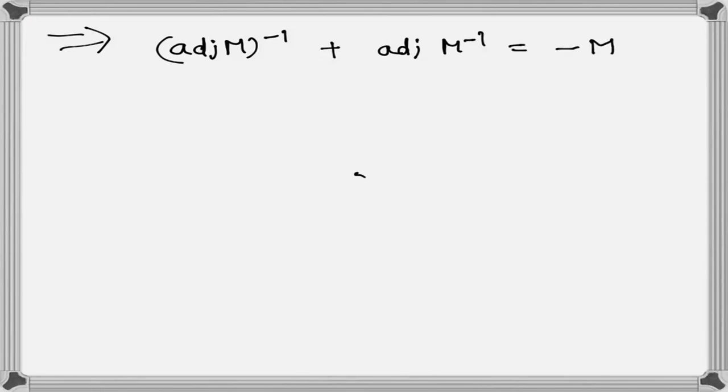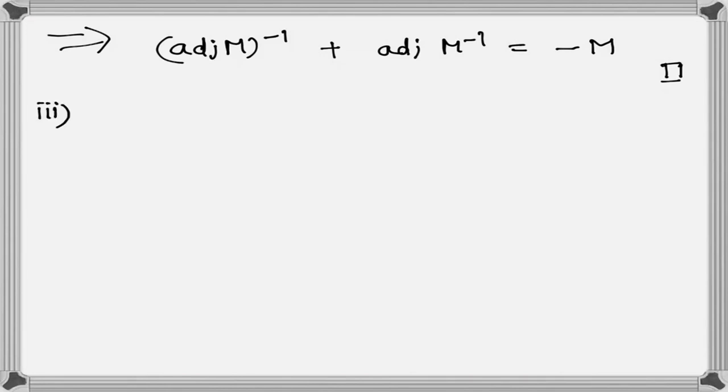So let me just write the last line: adjoint M inverse plus adjoint of M inverse is equal to minus M. So hence proved.